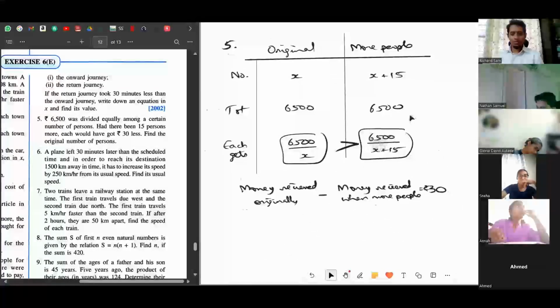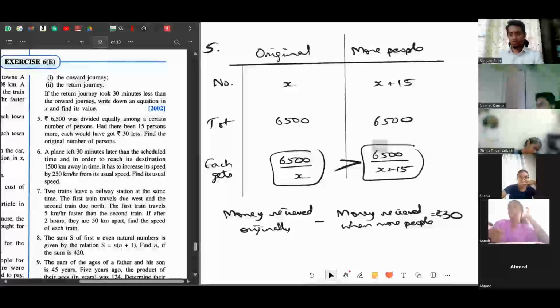Then you put these values in the equation and solve it. You do it, everyone.